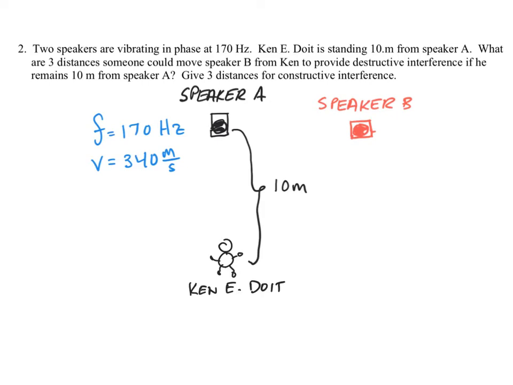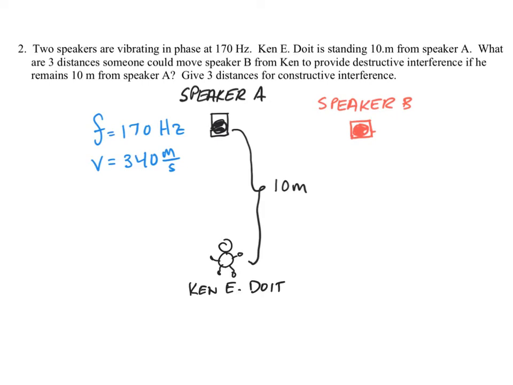I think from the ALG problems you did last week, you saw that sound, being a longitudinal wave, can also exhibit the principle of superposition, where you've got two crests or two troughs that occupy the same space at the same time and constructively interfere, or total destructive interference if they're 180 degrees out of phase. Either way, you can have interference with waves in sound just like you do in light.